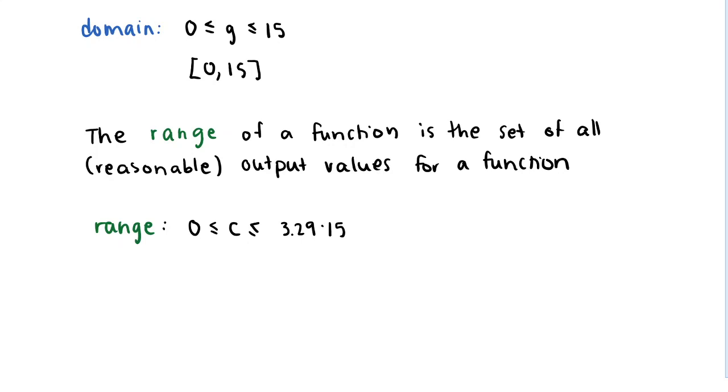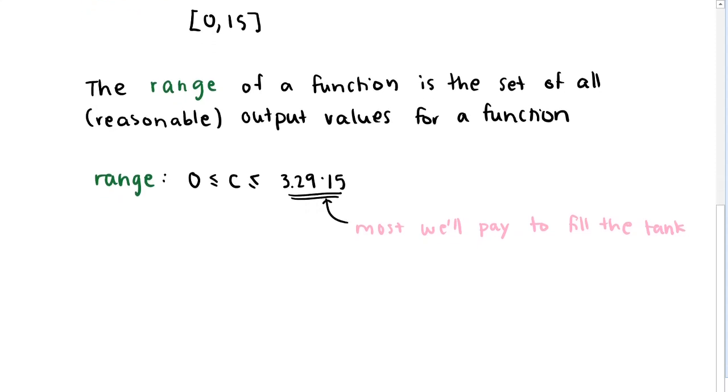So this is the most we'll pay to fill the tank. This is the case where there's no gasoline in the tank to begin with, and we're filling up the full 15 gallons. This is the most we'll pay.